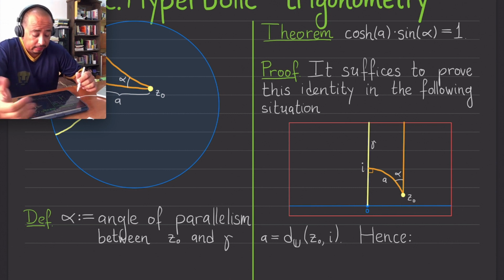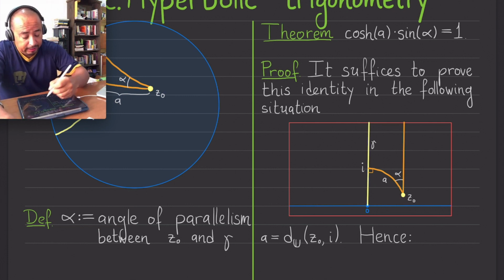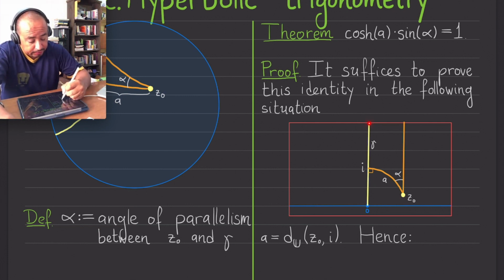And second, it suffices to prove it in a very specific situation where my input shortest curve gamma is actually the positive part of the imaginary axis in the complex numbers.